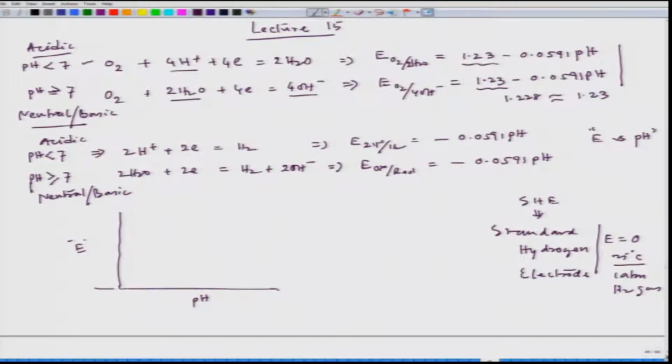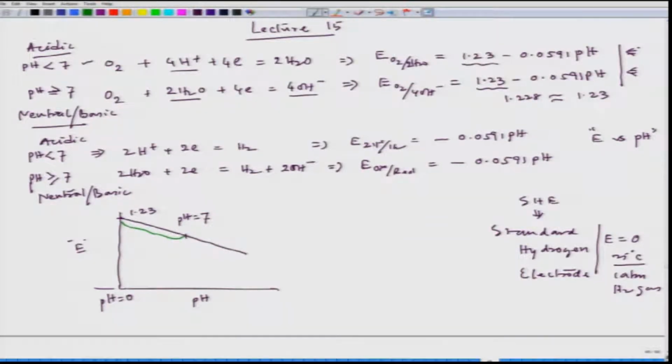Now, if we try to plot them, this is let us say 1.23 when pH equal to 0. If this is the plot, and this is pH equal to 7, then the first reaction will be up to this.